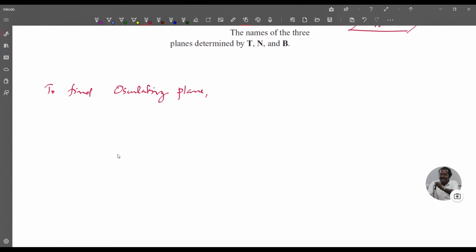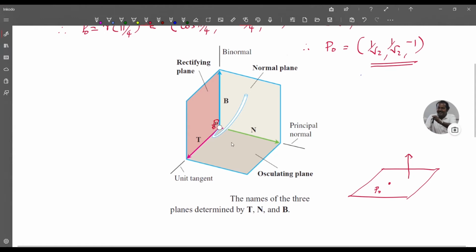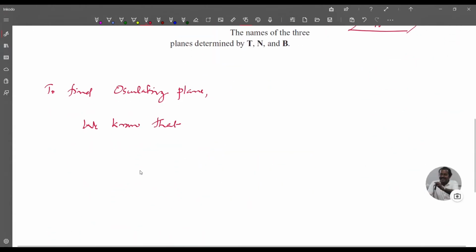We know that this is the osculating plane generated by T and N. So B is perpendicular to the osculating plane.